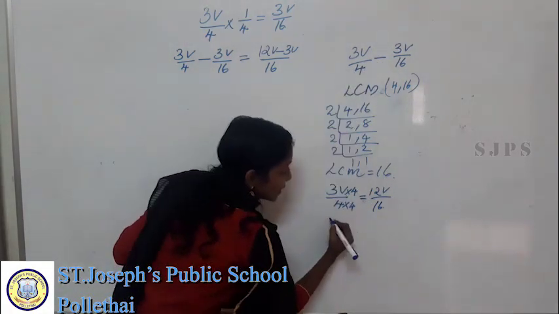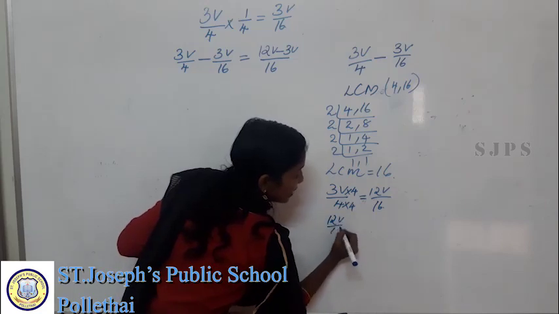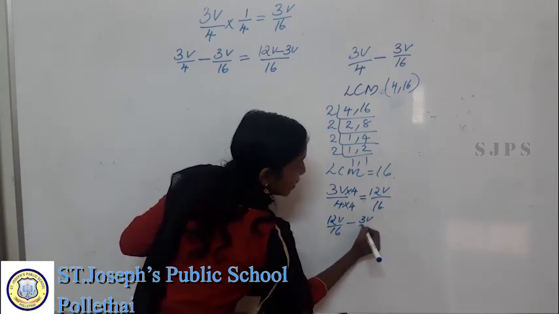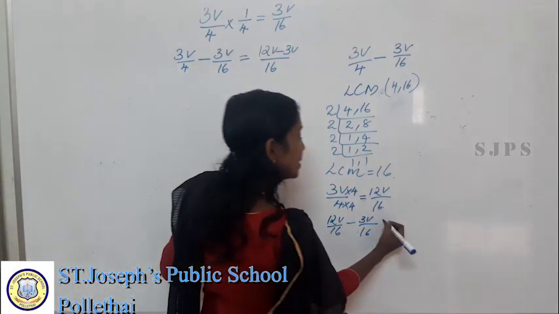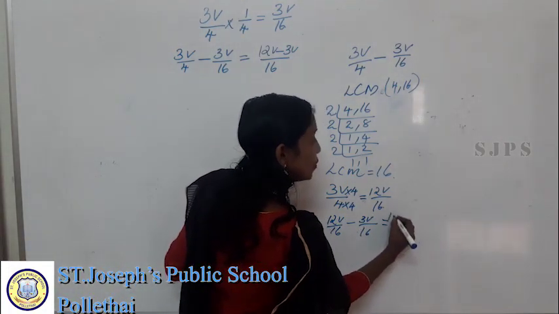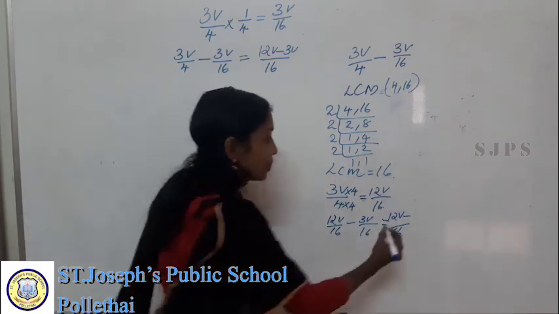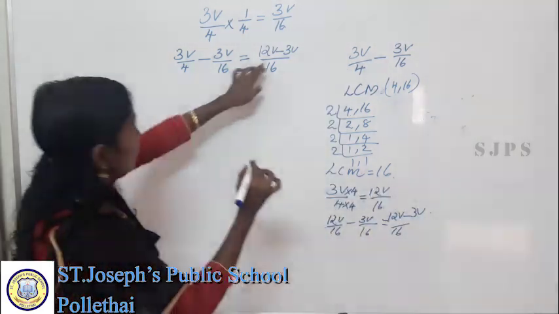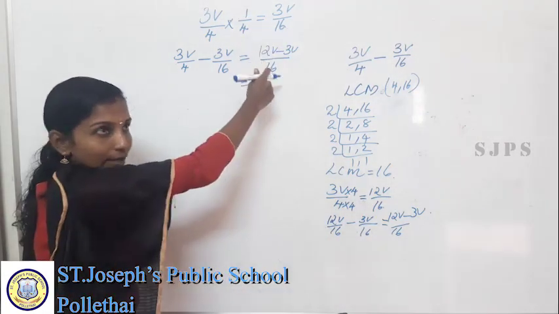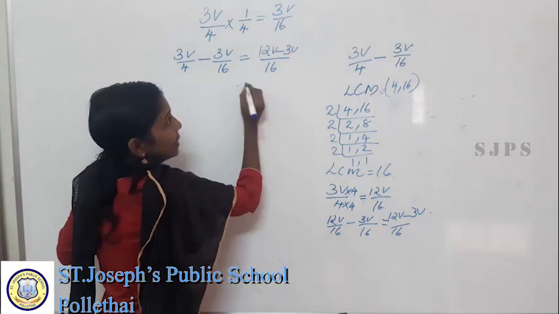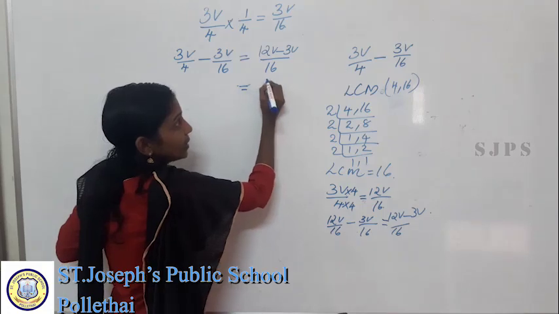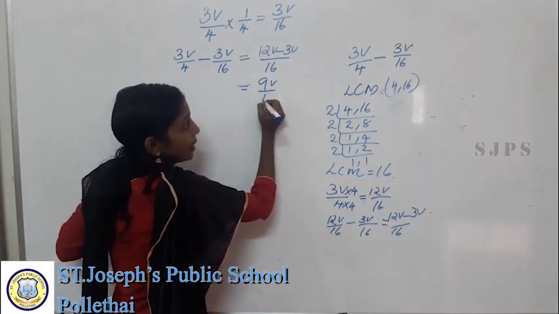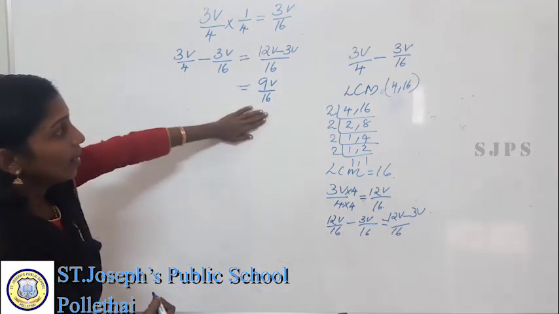3V by 4 is 12V divided by 16 minus 3V divided by 16. If the denominators are the same, then you write the denominator there and subtract the numerators. 12V minus 3V, we get 9V divided by 16.